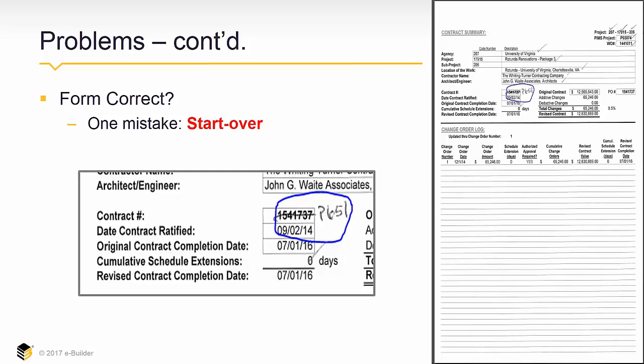If one of them is incorrect, one teeny tiny little thing, as we see here with the contract number, where they've put in a different number and this is the correct number, it starts all over again. So it's not particularly user-friendly in that new data has to be entered each time. If you repurpose something from before, which often happens, and it doesn't get corrected, you perpetuate the mistake, and the next time it comes along, you make the same mistake again.